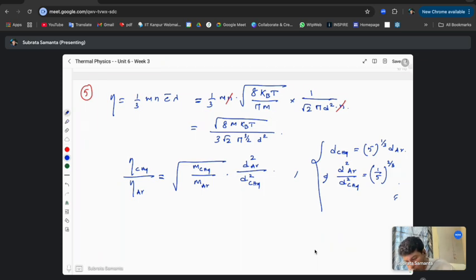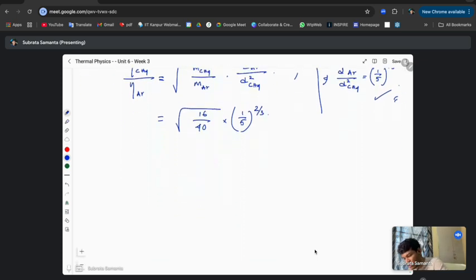So d argon square over d CH4 square is basically 1 over 5 to the power 2 by 3, and the molecular weights of CH4 and argon are given, one is 16, another is 40. Okay, so 16 over 40 times 1 over 5 to the power 2 by 3, square root. Please cross check that I put the data correctly or not.